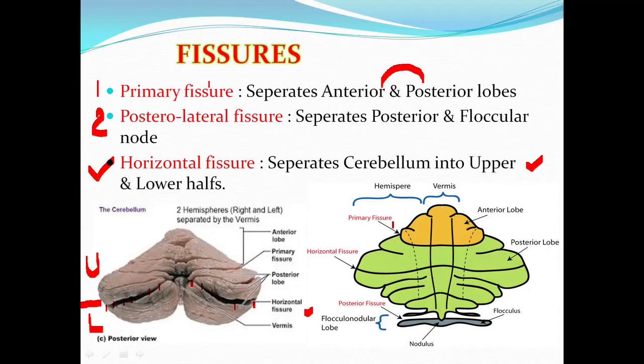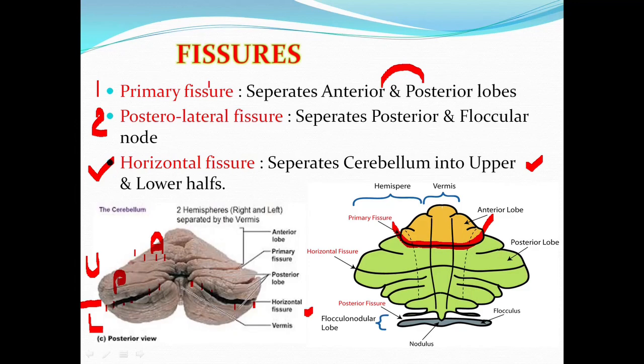At this level, the primary fissure on either side differentiates the cerebellum into an anterior lobe and a posterior lobe.